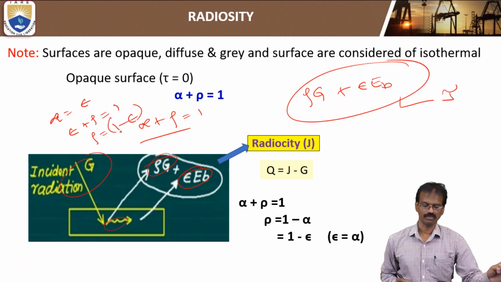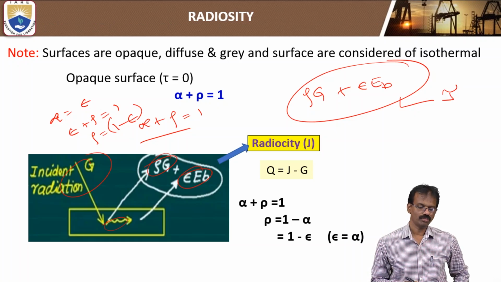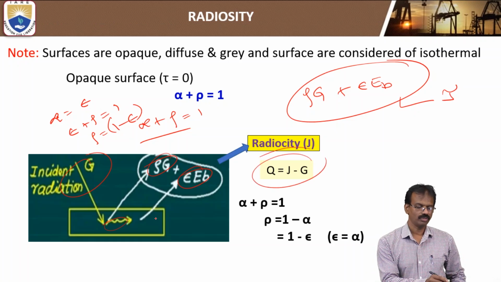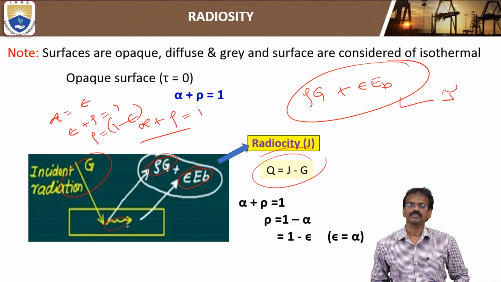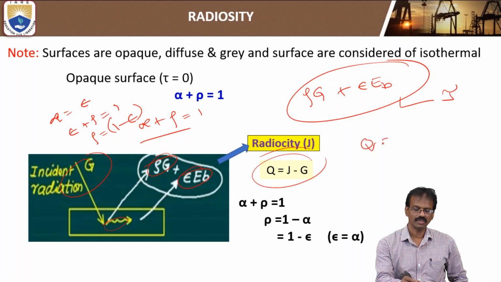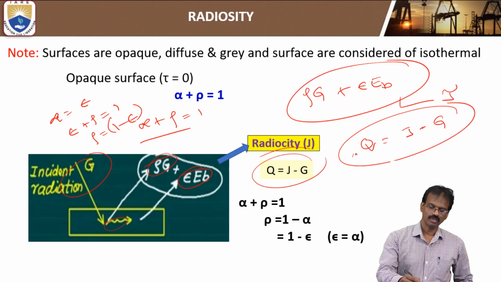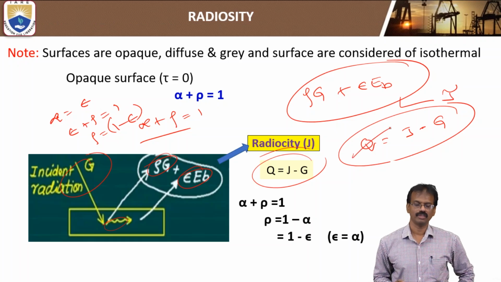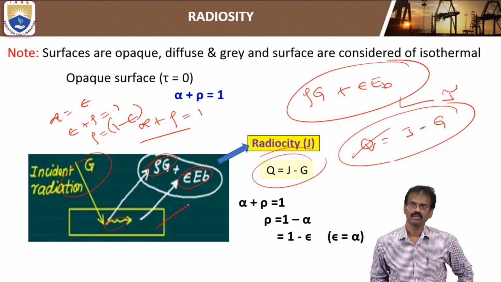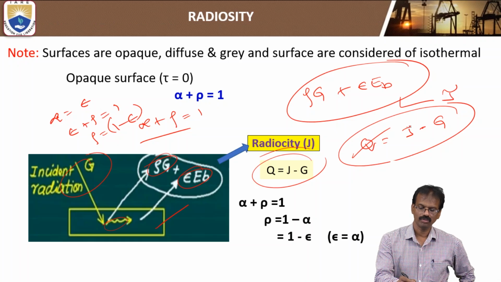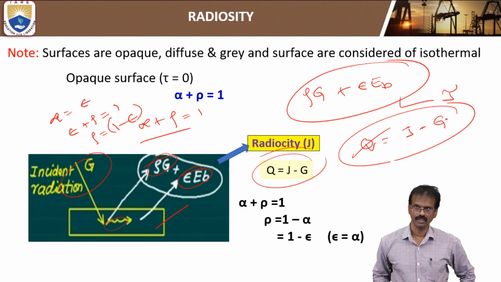Now Q is the rate of heat transfer in this particular surface: Q is equal to radiosity minus incident radiation. We have to derive the radiation rate of heat transfer in a particular surface using the radiosity and incident radiation.